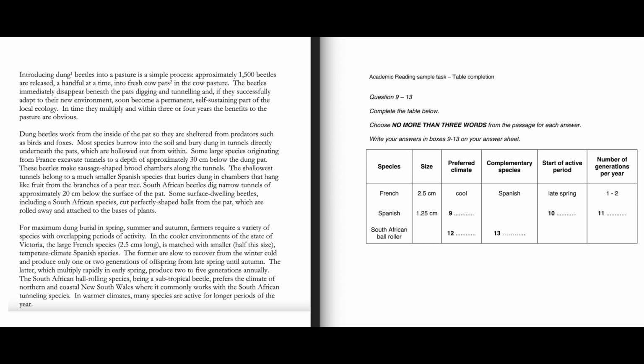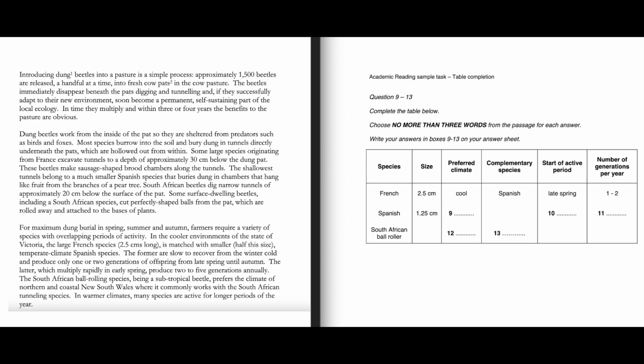Again, they haven't used the words complementary species exactly, but when they say that it works with those species, it means the same. So again, focus on the meaning of the sentence rather than looking for the exact same word. The correct answer for this case would be South African tunneling species.